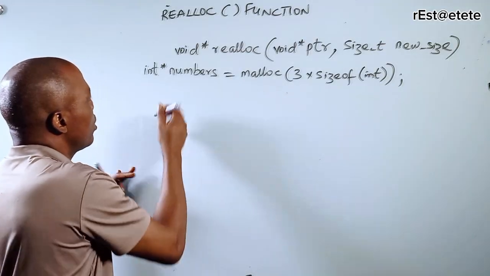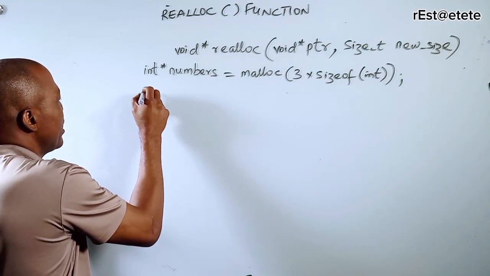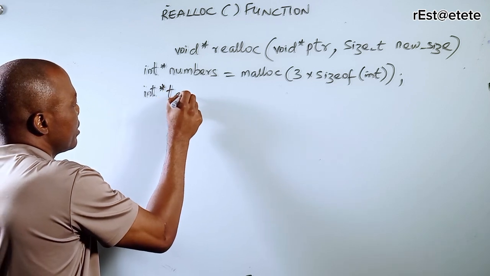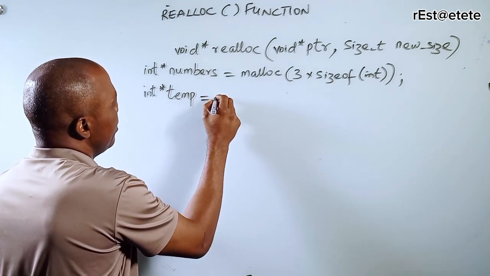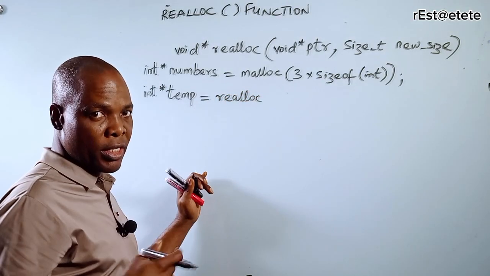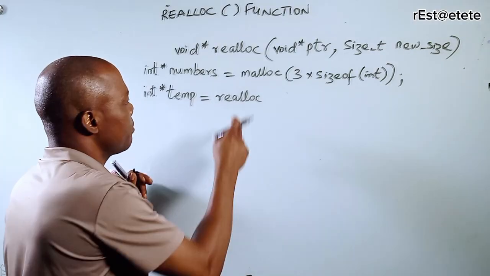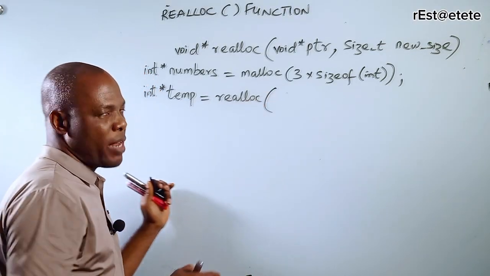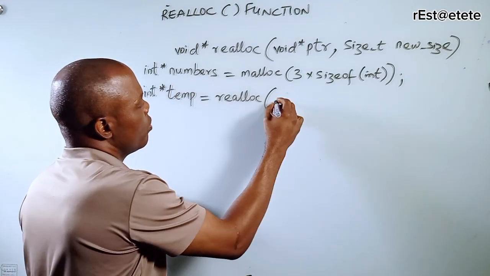Now, I want to use realloc. So instead of using this pointer, I'm going to create another pointer. So I will call that pointer int *temp. I will call it temp. Then I will say realloc, which is going to implicitly typecast. That's why I'm not putting the typecasting to integer here. So realloc. Now, the parameters it will accept. First, this one, which is what? numbers.